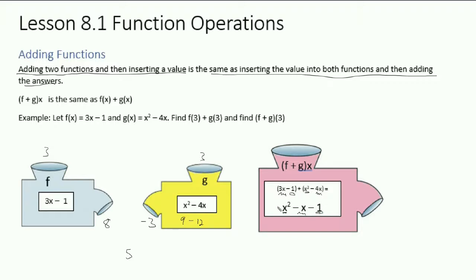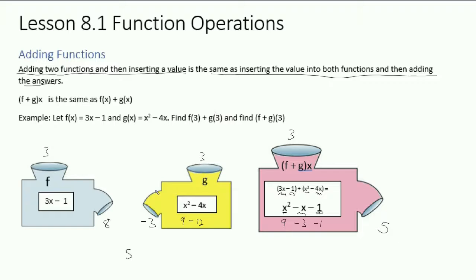This is the two functions added together, and now we're going to drop in a 3. We get 3 squared, which is 9, minus 3, minus 1, which is 9 minus 3 is 6 minus 1, also 5. And that's what it says would happen, that we should get the same answer.